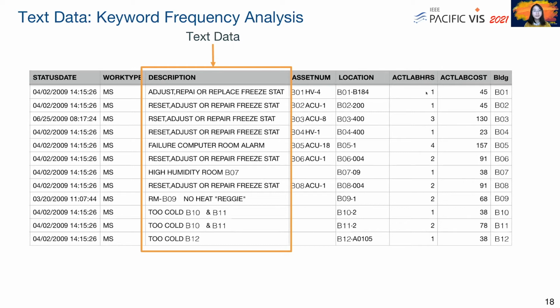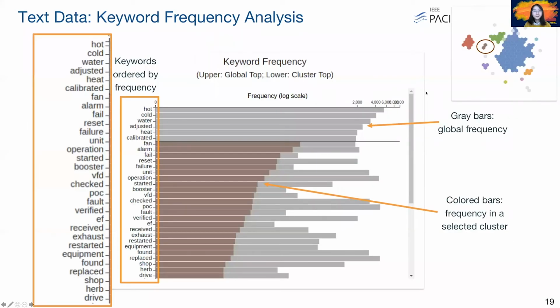Let's start with the text data. For the text data, we present it with a keyword frequency plot. When no cluster in the projection view is selected, we will see the most frequent keywords in the entire dataset. When we select a specific cluster, the keyword frequency plot is updated to show the top keywords in this cluster as well as the overall dataset.